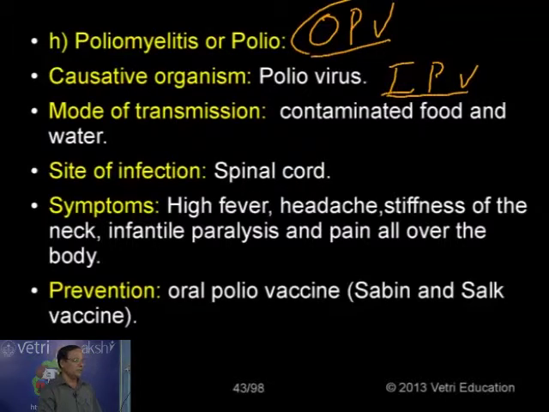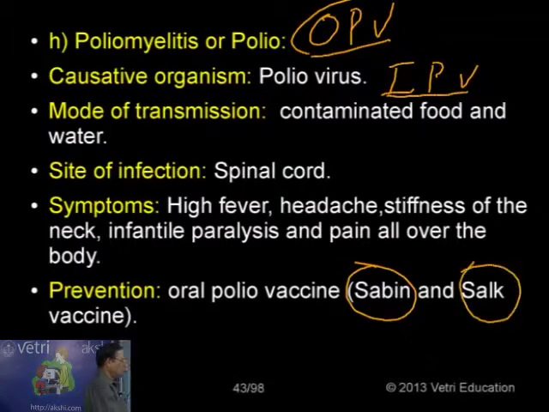The oral polio vaccine was developed by Sabin, and the inactivated polio vaccine was discovered by Salk. So the OPV is called the Sabin vaccine and the IPV is called the Salk vaccine. This is the vaccine we use against polio, a common disorder mainly in children.